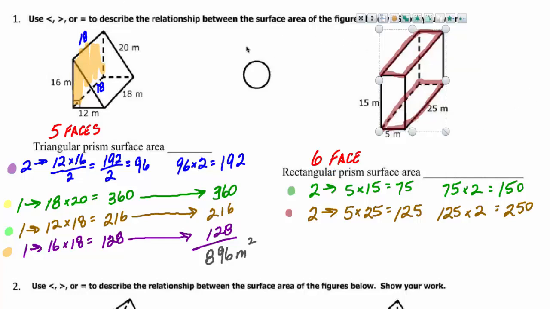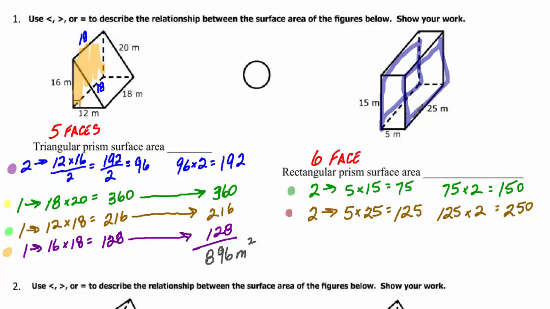All right, lastly, I have 2 faces that are this edge, or this side, and this side. And each of those is 15 by 25.